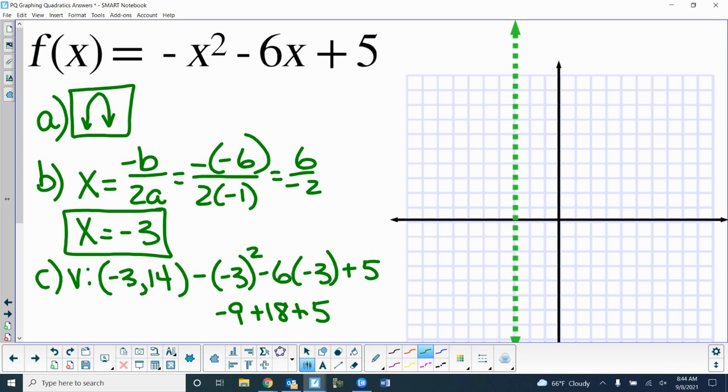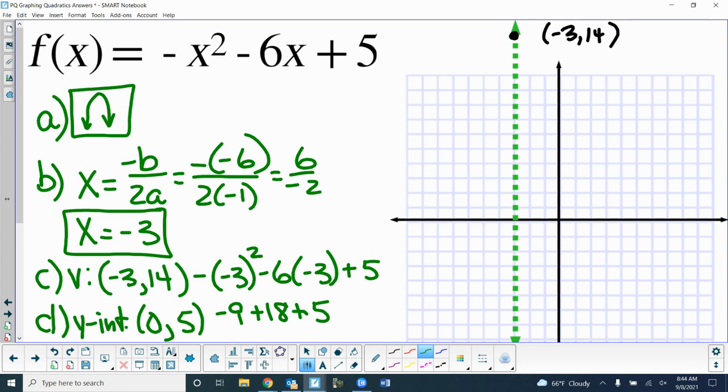All right, so graphing this, I'll go up here. We'll say that's 14 now. Goes off my graph paper a little bit, which is okay. That's not a problem. D, my y-intercept. Remember, that's always 0 something. What's my c value? 5, right? You guys okay, Matthew? Yeah.